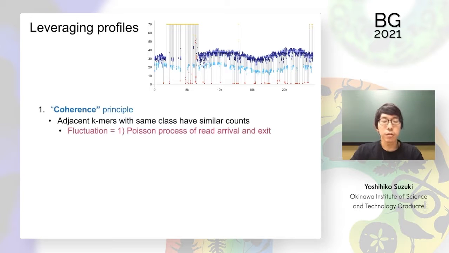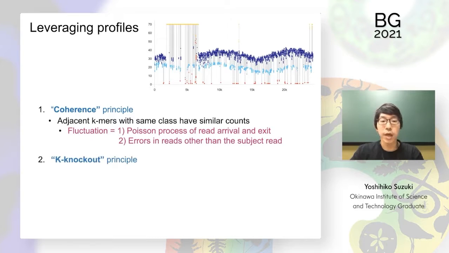The fluctuation of the counts between these k-mers having the same class is due to a Poisson process of read start and read exit, and also sequencing errors in reads other than the subject read. But the important thing is that these effects are both very small, especially in HiFi reads.